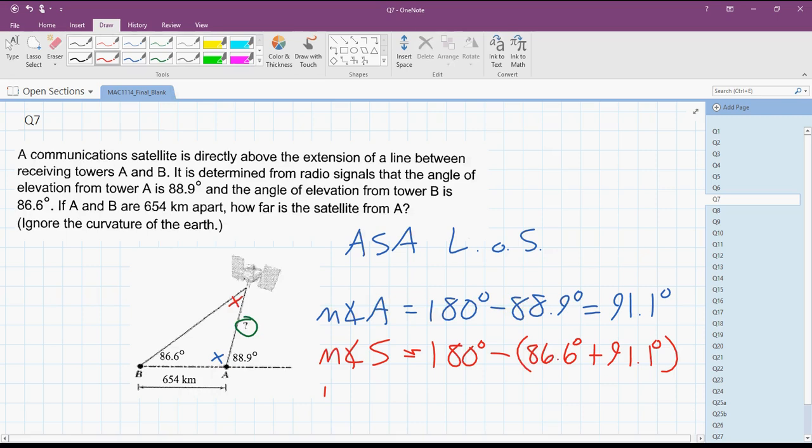So what do we get for the measure of angle S or C, whatever you want to call your angle? 2.3 degrees. All right, so now we have everything we need in order to run law of sines. They tried to trick you up with this 88.9 on the outside. Be careful there. They're using a linear pair type idea from geometry.